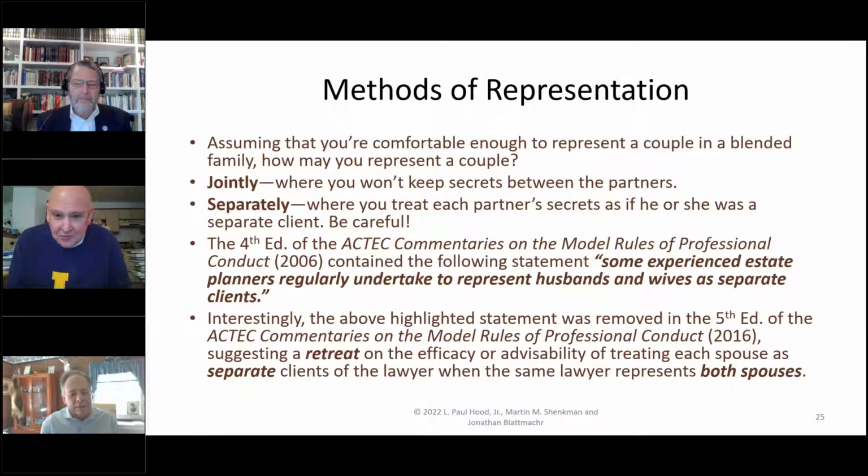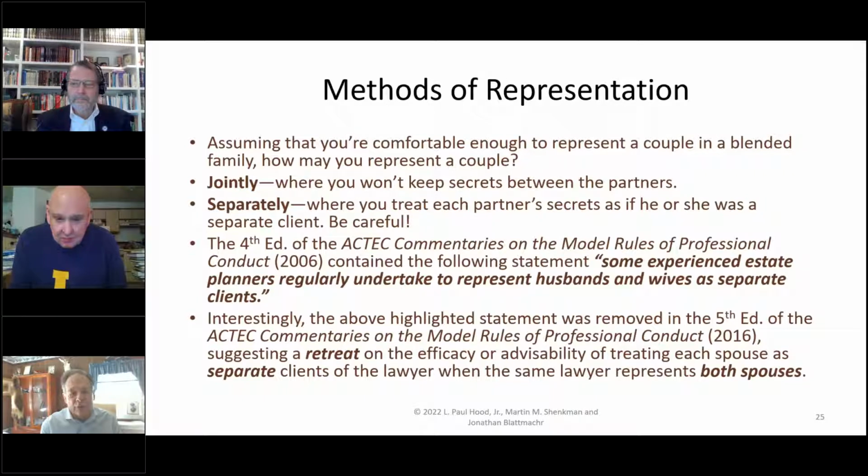Well, but my understanding, Paul, is that there is a lot of pushback on this, suggesting that you treat the husbands and wives as separate clients. And there are some lawyers, as you know, who will not represent both spouses, even in a 50-year first marriage with children only from that. They feel there still can be conflicts because the wife may want the property to pass outright and the husband wants it in trust, or the husband wants the males to have more control than the females.